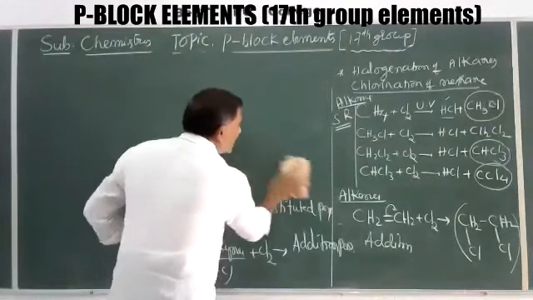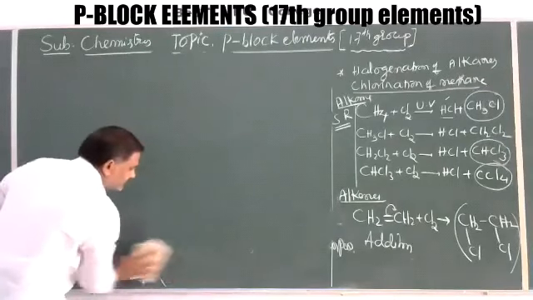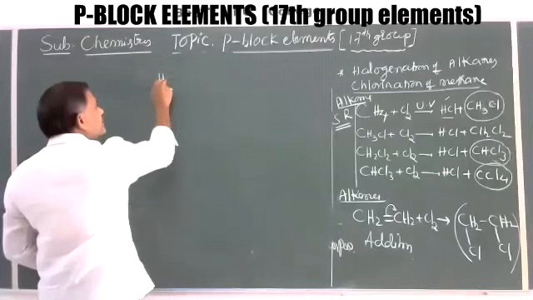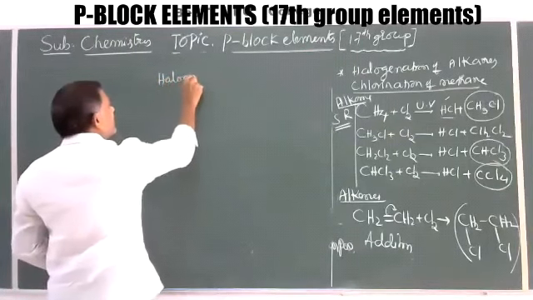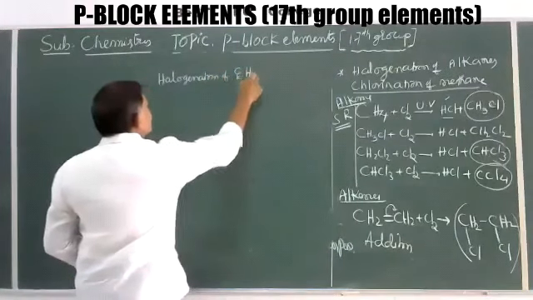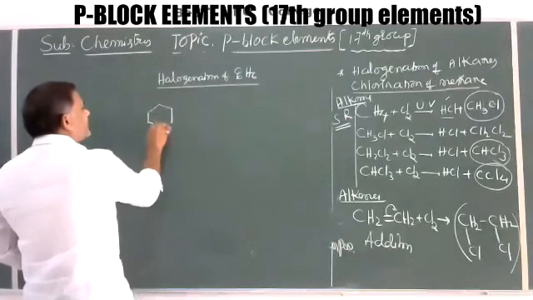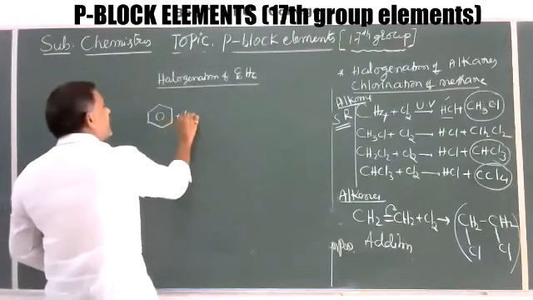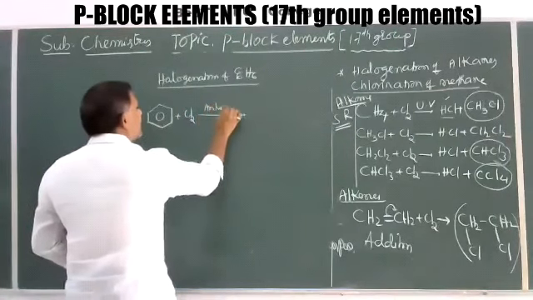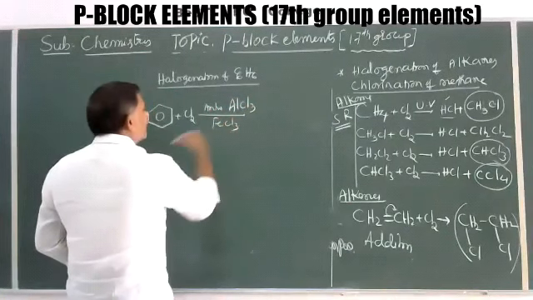A very, very important question in first PUC, 11th standard, in hydrocarbons, in aromatic hydrocarbons, is chlorination of benzene, halogenation of benzene. Different conditions are there. Halogenation of benzene, C6H6: under substitution conditions, benzene reacts with Cl2 in the presence of anhydrous AlCl3, aluminum chloride, or FeCl3.